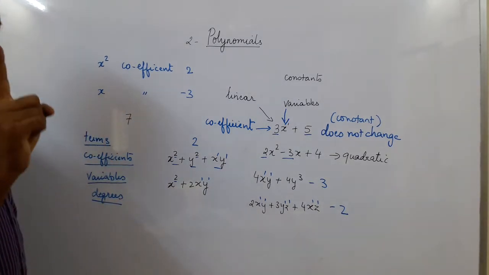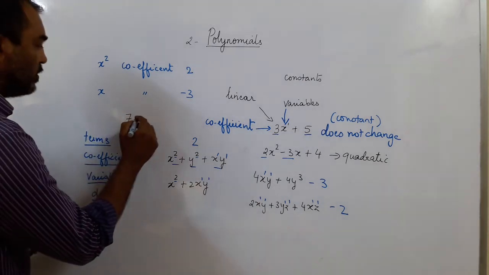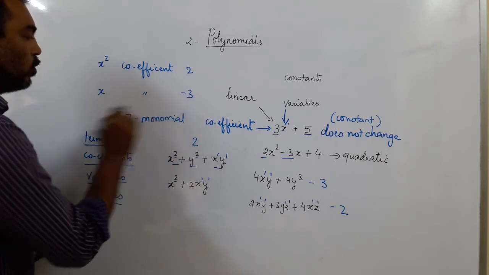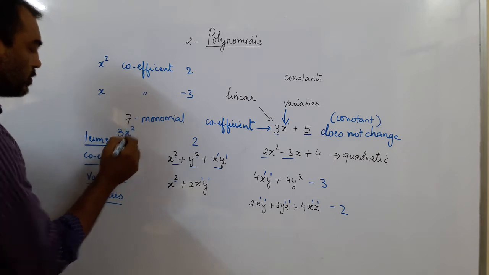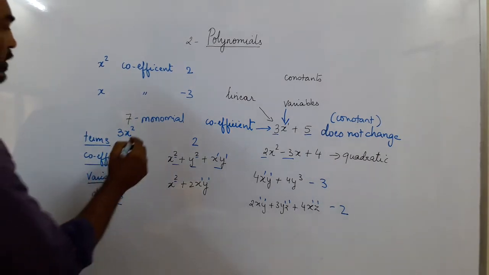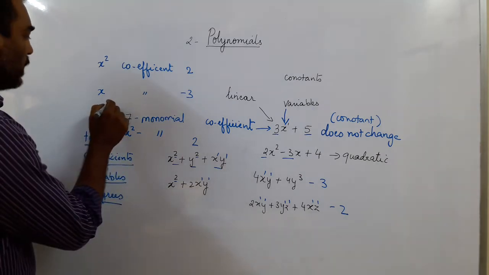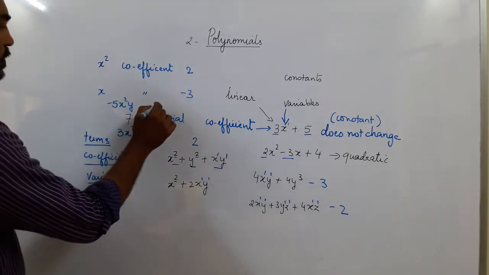7 is only one term. Only one term. So I can call 7 a monomial. Another one, 3x squared. Only one term. It's a monomial. Minus 5x square y. Only one term.